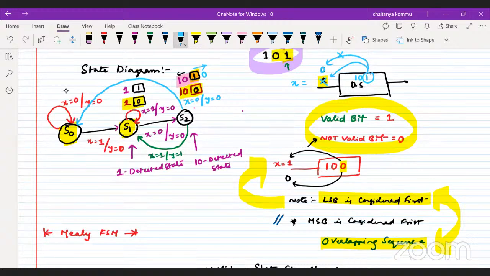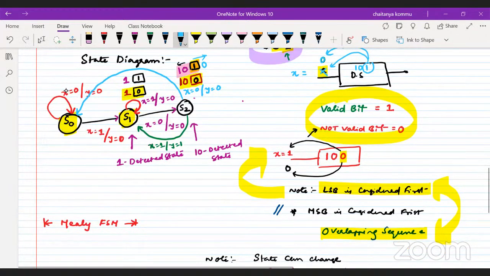Agreed? So this is how we can represent the sequence detector very effectively with the help of a state diagram. This type of notation we call a Mealy FSM.